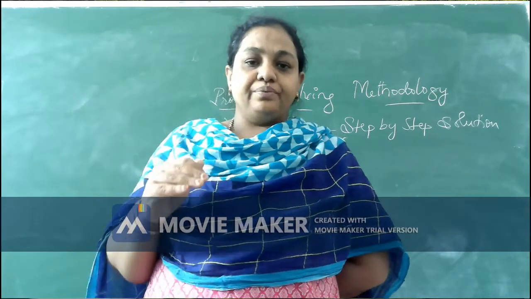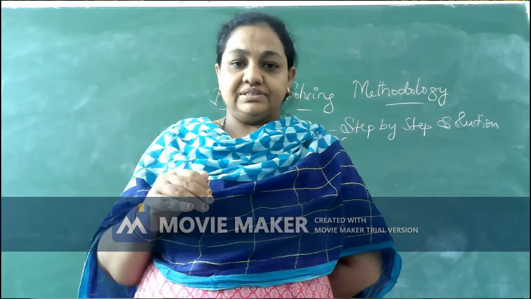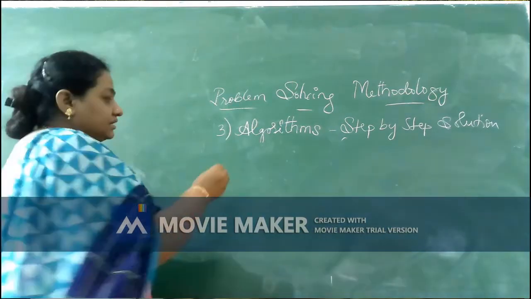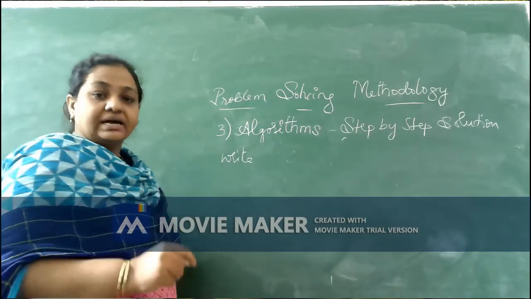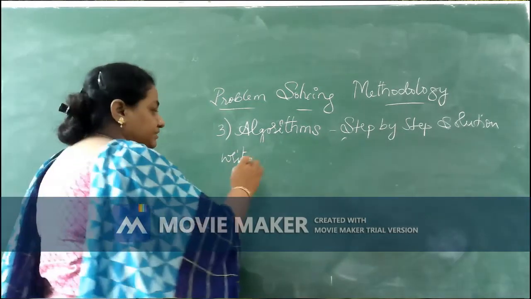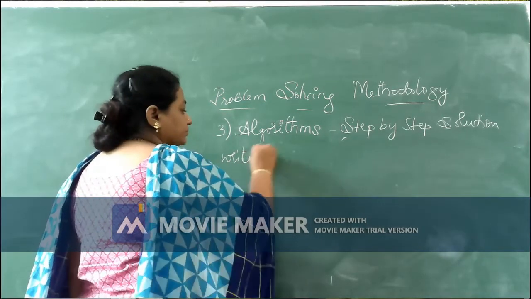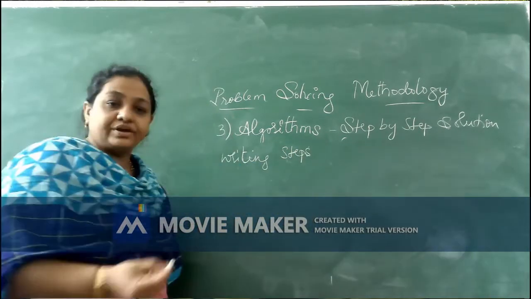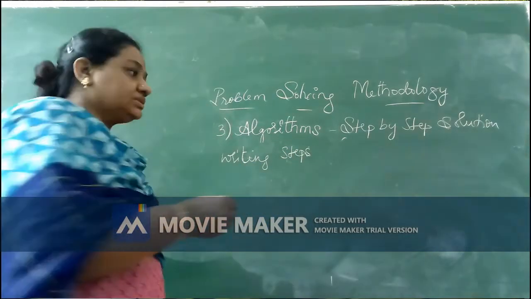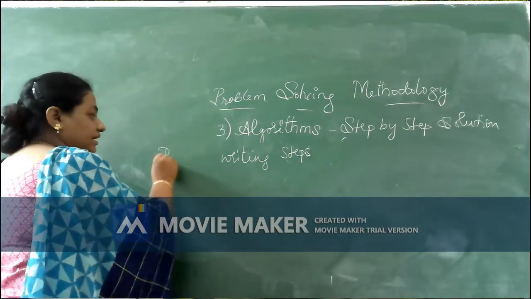Let me give you one live example. Some of you might have written steps by making a column in the answer sheet and doing the rough work. Some might have written on the question paper. It depends upon each individual.